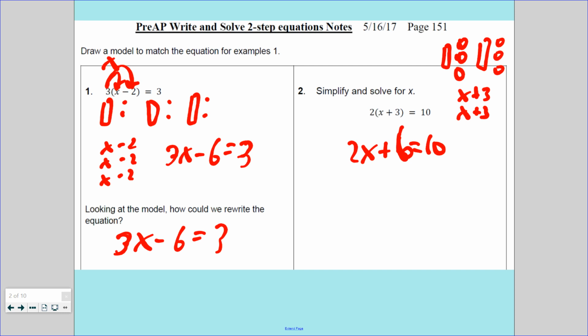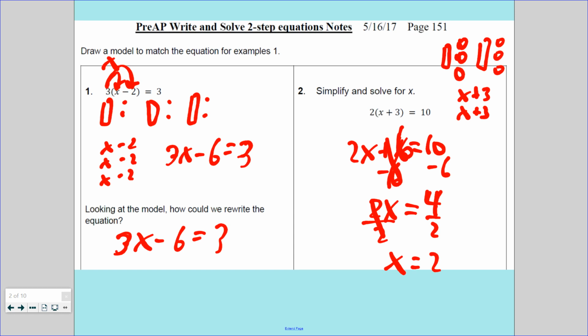What is the inverse operation of plus 6? Minus 6 just cancels, because of zero pairs. So this leaves us with 2x equals 4. I need to divide the 4 positives among the 2 x's. Simplify again, x equals 2.